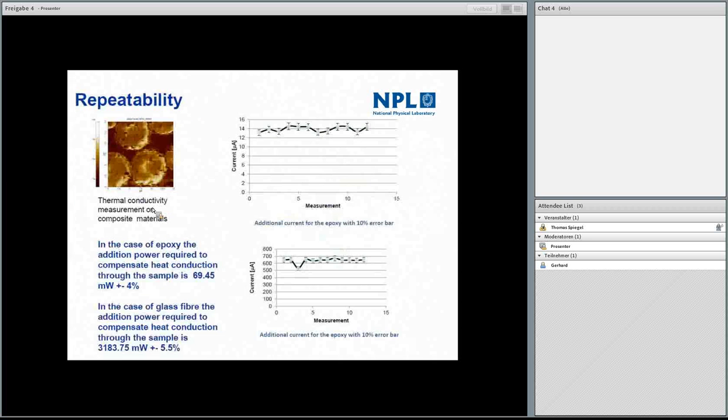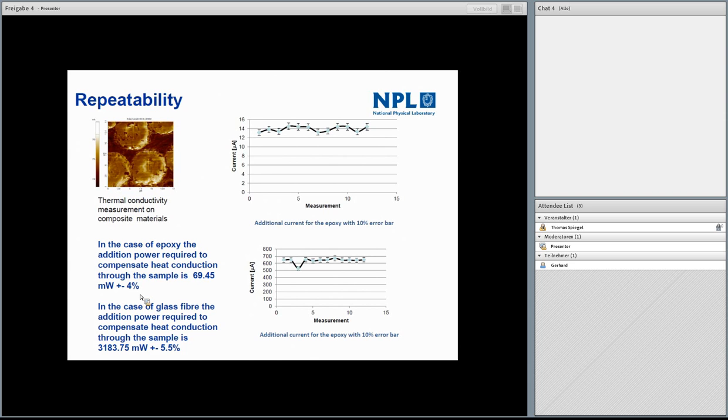The first thing we wanted to demonstrate, we are not going to talk about accuracy here, but about how repeatable the measurements are. Somebody is going to come with a clever model and give us a good value, but now we want to see how repeatable the measurement is. So we have used composites made of two materials with low thermal conductivity, similar to thermoelectrics: one is like polymers, around 0.3, and the other is glass fiber, which has thermal conductivity around 1.3.